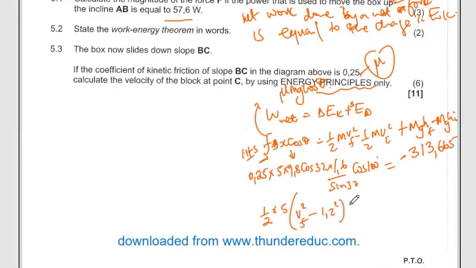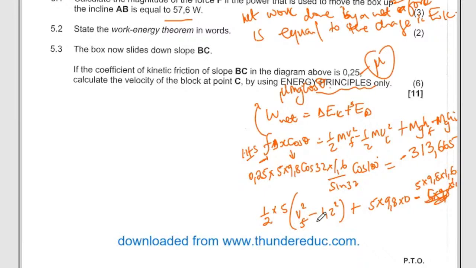And then when I look at my EPs, the mass is 5, the gravity is 9.8, the height is 0. Then I'm subtracting 5 times 9.8 times the 1.6.